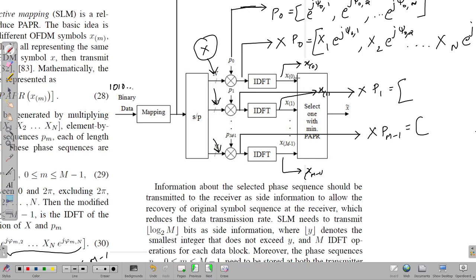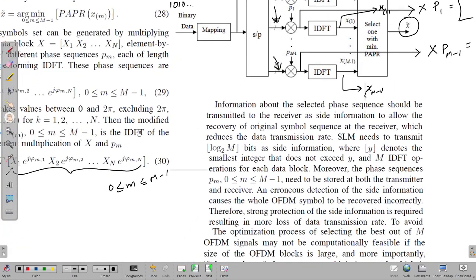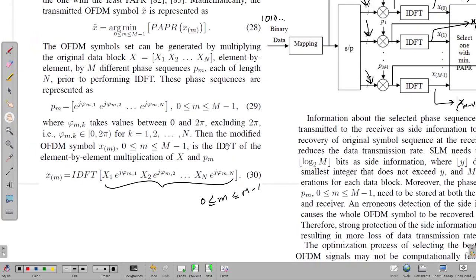So this block here is going to select the signal with the lowest PAPR, where we will have capital M phase sequences, and out of these this block will select the sequence with the lowest PAPR value, and that is getting transmitted. That is x tilde. X tilde is the sequence with the lowest PAPR value.